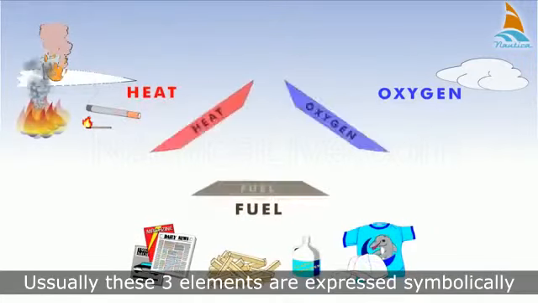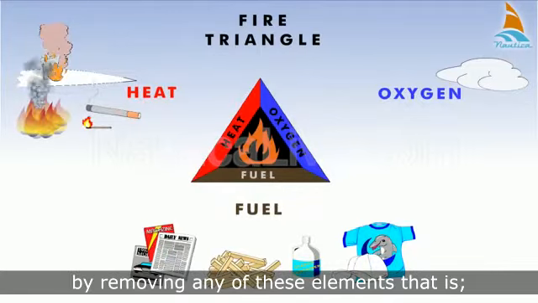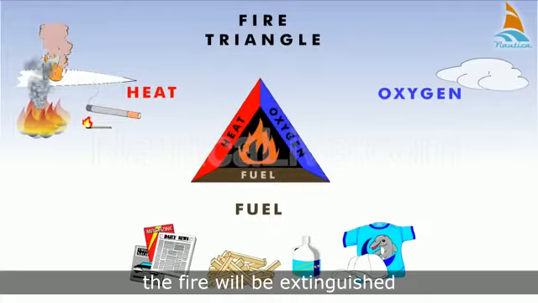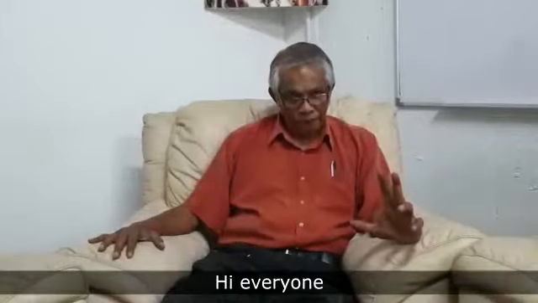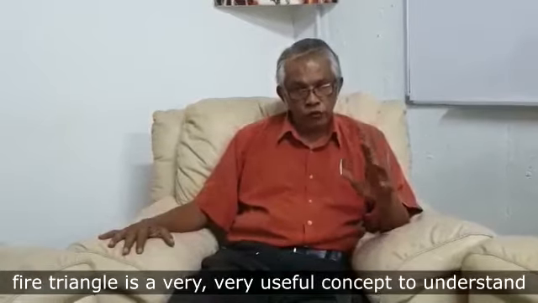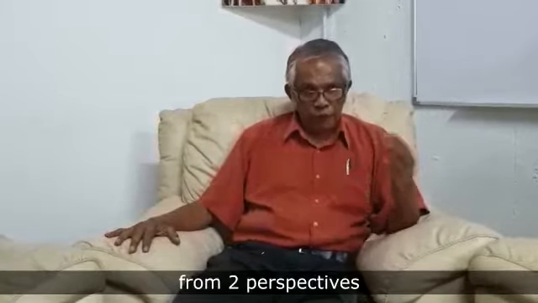Usually these 3 elements are expressed symbolically as a triangle, called the fire triangle. By removing any of these elements, that is, the fuel, the heat, or the oxygen element, the fire will be extinguished.